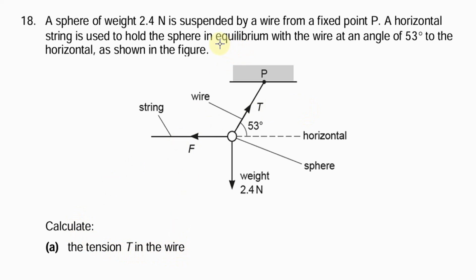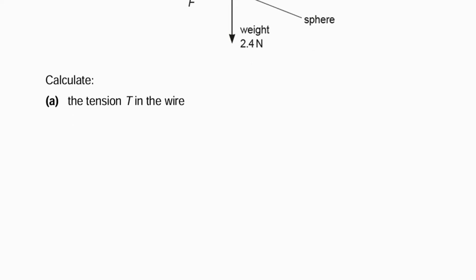Now, since the sphere is in equilibrium, we should be able to represent all three forces over here in a closed vector diagram with vectors drawn head to tail. We can start with any one of them. So let's start with the weight.